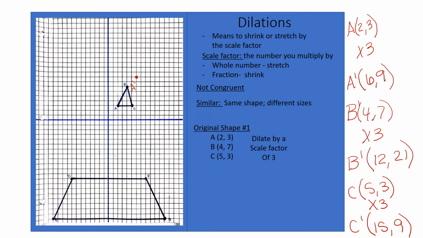B prime is at 12, 21, so I can go ahead and go over to 12 and up to 21. It's going to be right on the edge of the graph. It might go off your graph just a little bit. That's fine. Just label it the best you can. And then C prime, which is 15, 9, so I'm going to go over to 15 and up to 9.